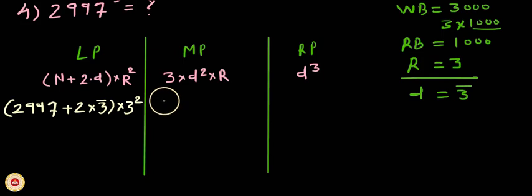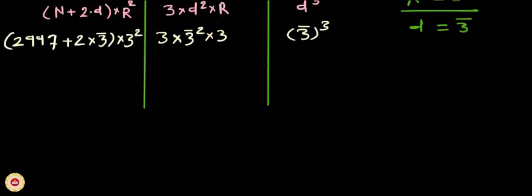What is middle part? 3 times deviation squared. What is deviation? Negative 3. Negative 3 squared multiplied by what is ratio? 3. Now right part is deviation cubed. What is deviation? Negative 3 cubed.